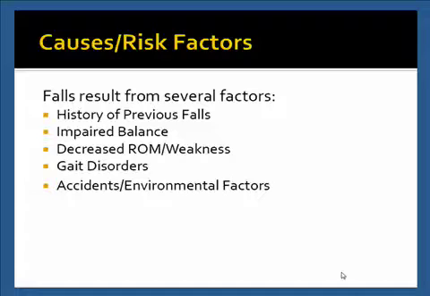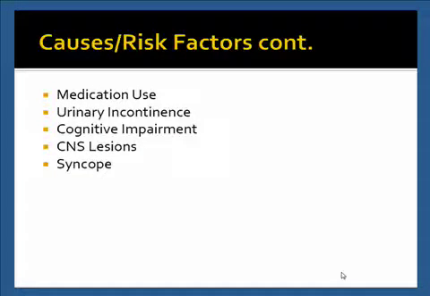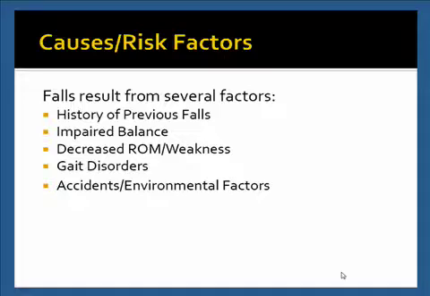Number 1, history of previous falls, impaired balance, decreased range of motion and strength, gait disorders, accidents, environmental factors, medication use, urinary incontinence, cognitive impairment, CNS lesions, and syncope. I will discuss impaired balance and decreased range of motion and strength today.